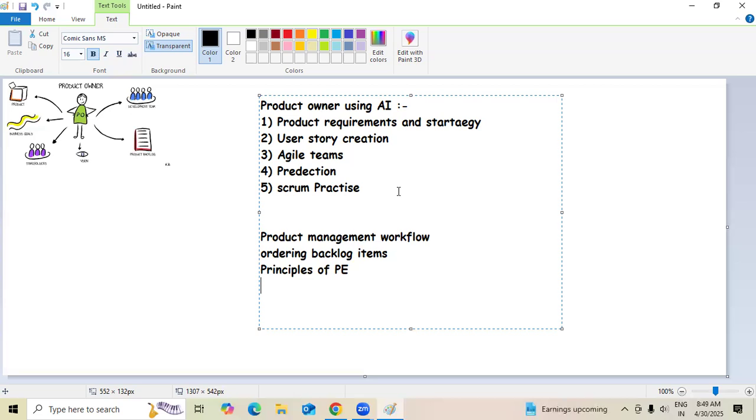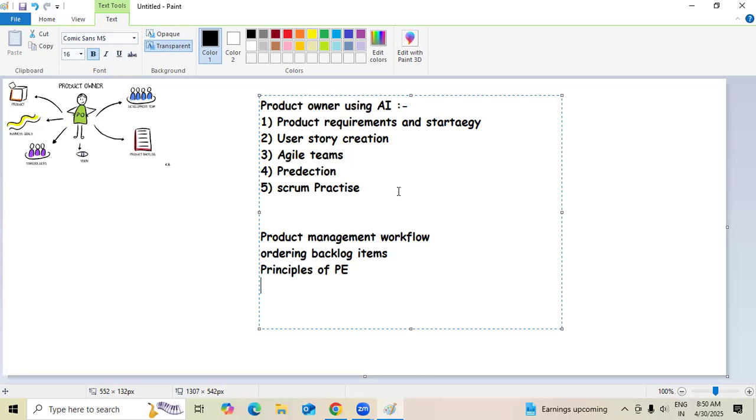Now, product management requirements and strategies: you will learn how, by utilizing artificial intelligence, this can be done, whether through market analysis, competitor research, or incorporating AI into strategic planning or decision making as a product owner.